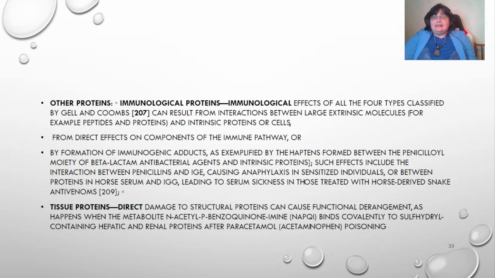Such effects include the interaction between penicillin and IgE, causing anaphylaxis in sensitized individuals, or between proteins in horse serum and IgG, leading to serum sickness in those treated with horse-derived snake antivenoms.